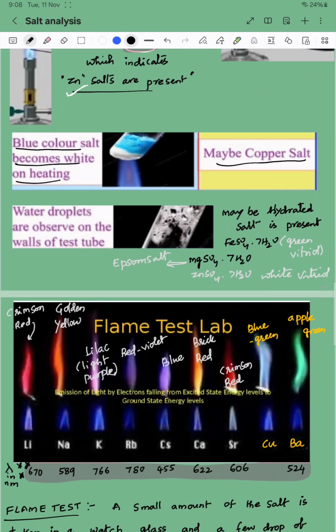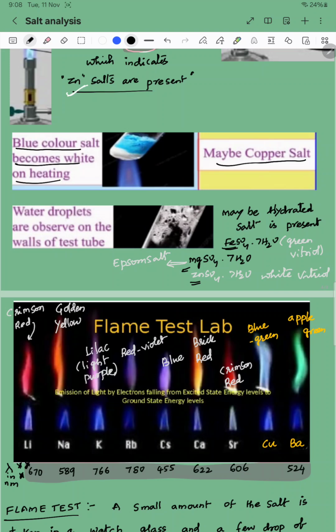Now if water droplets, like soap lather, are observed on the walls of the test tube, maybe hydrated salts are present. This may be iron sulfate, magnesium sulfate or zinc sulfate.